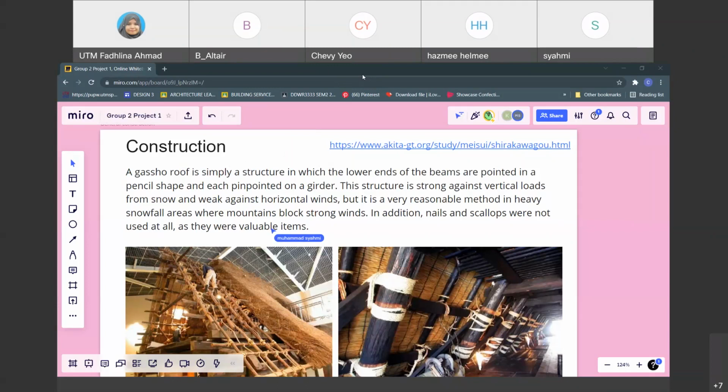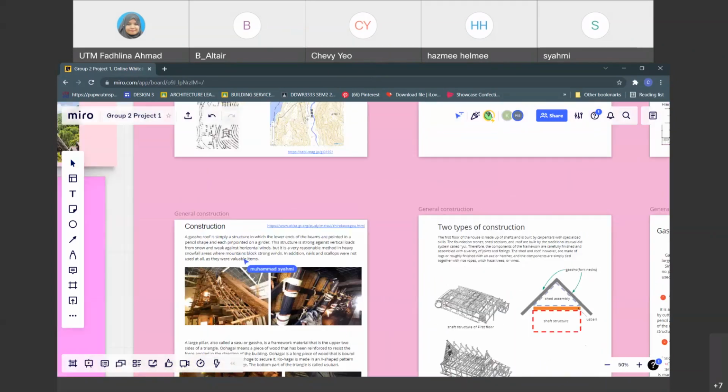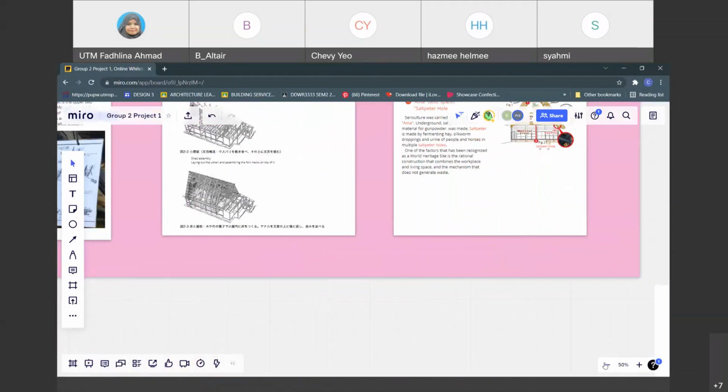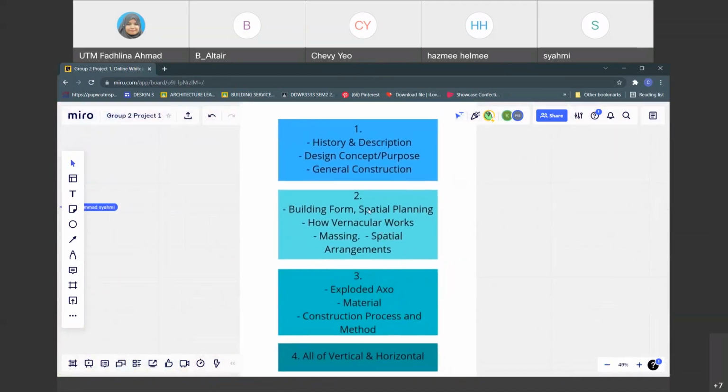I always ask you how you distribute the task. Please make sure that there is no redundancy. We distribute like this. What does it mean by general construction? It means the very general one, I think. Doctor, can I speak in Malay?